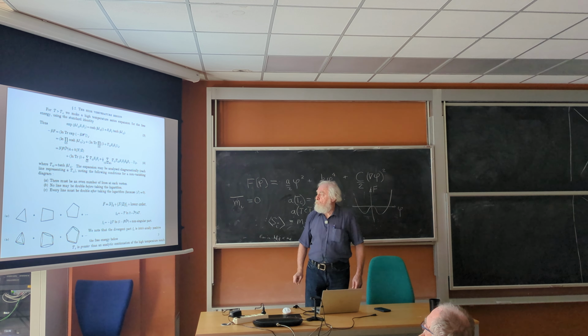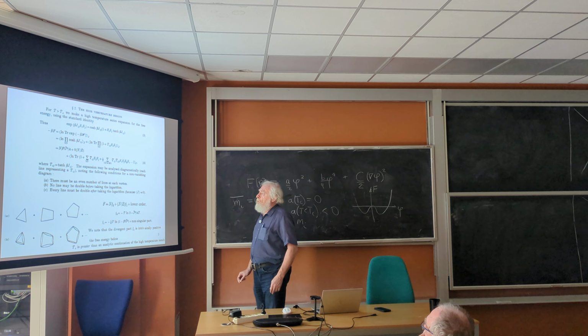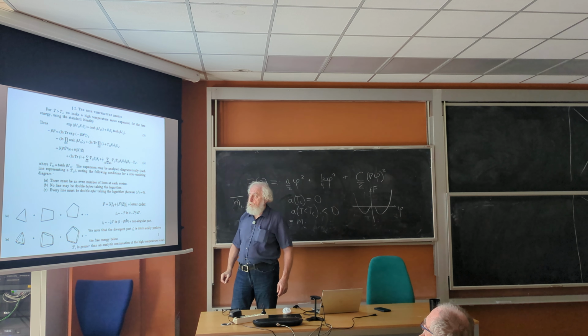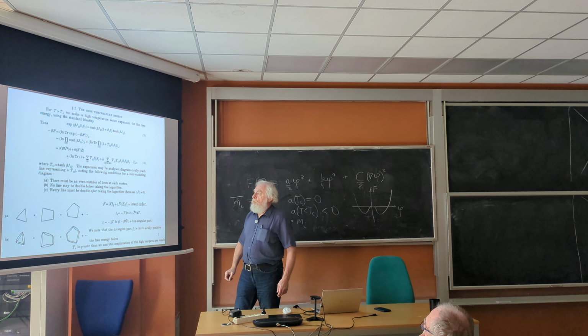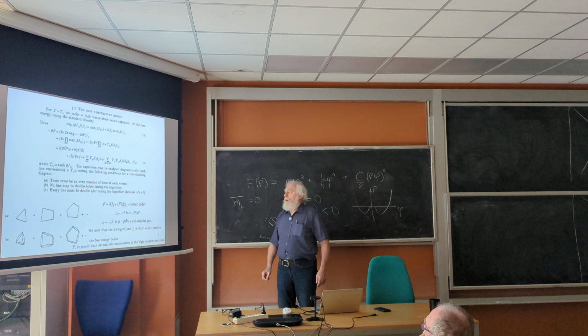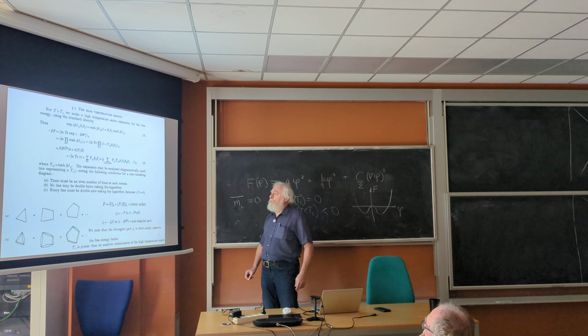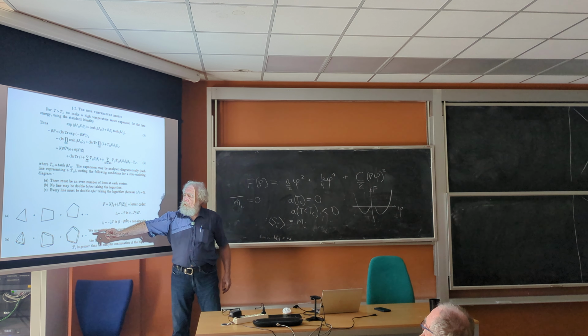Otherwise, it would be zero. So this is why these three rules here are formulated. Then you can express this expansion of free energy in terms of such a loop diagram.